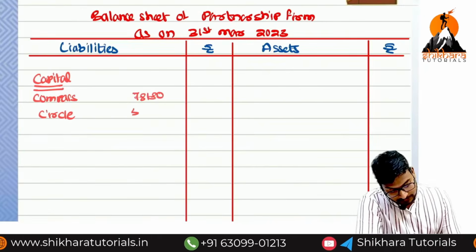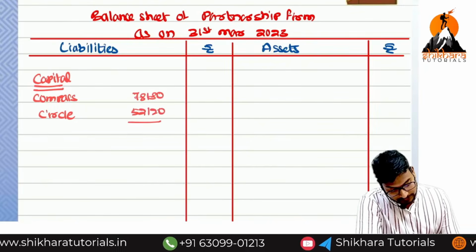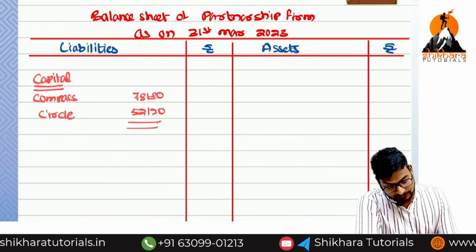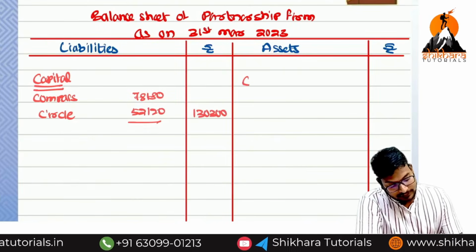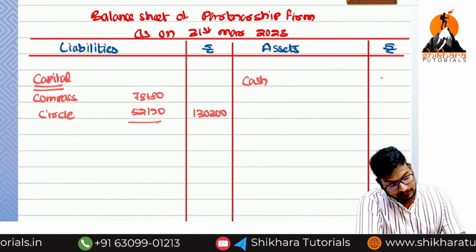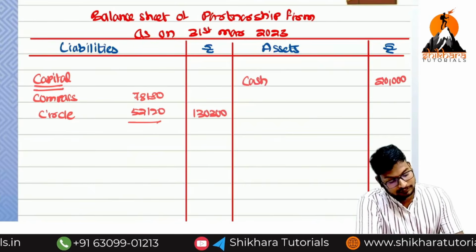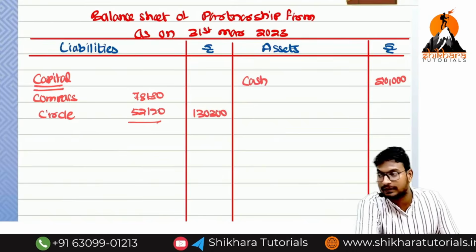What is the total amount, amma? 1,30,300. What is the cash closing balance? 20,000. Cash or bank?